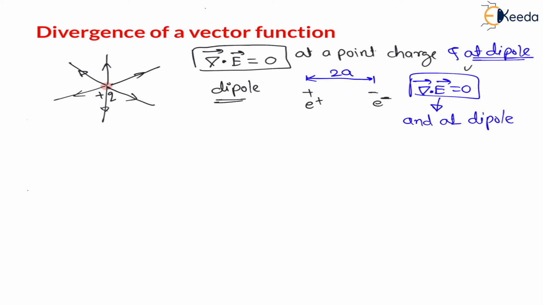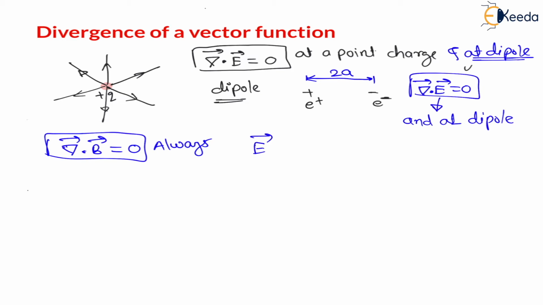Again, my dear students, in the coming lectures, in Gauss theorem, we will prove that the divergence of the magnetic field is always 0. That is, the divergence of B is always 0, where E is the electric field and B is the magnetic field.